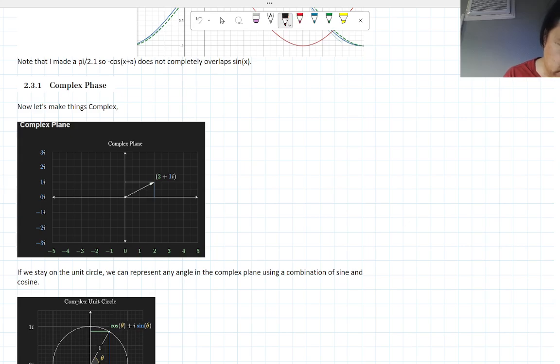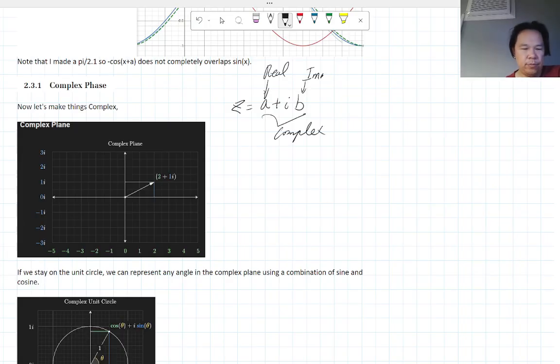A complex number is usually represented with the letter Z. It's some number a plus i times b, where this is the real part and this is the imaginary part, and the two of them together make a complex number.